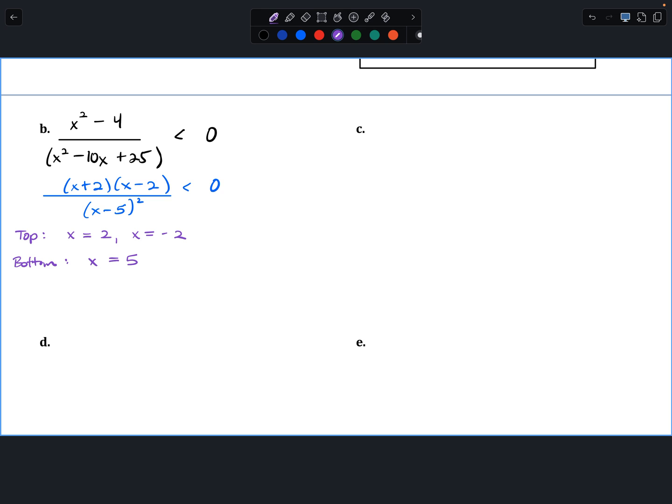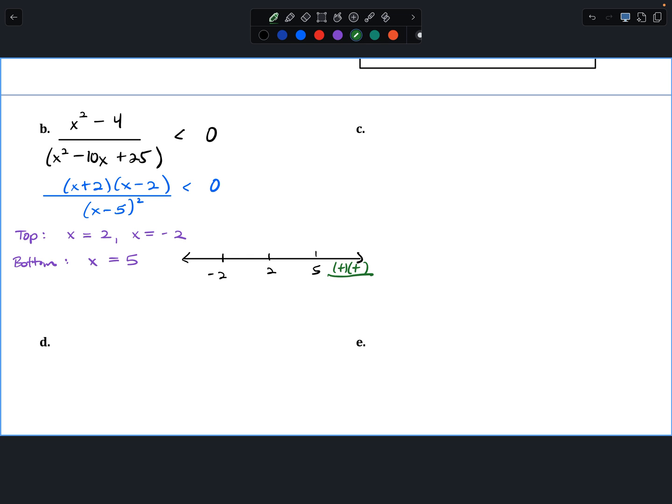So let's make a sign chart. -2, 2, 5. Felix, give me a big number. 100. If I plug in 100, guys, 100 plus 2 is positive. 100 minus 2 is positive.